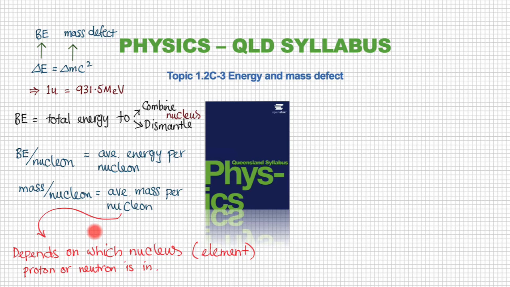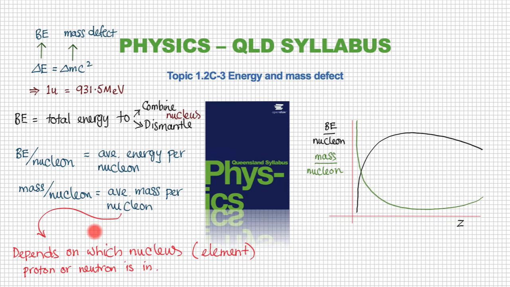Very important conclusion. Then we looked at the binding energy per nucleon graphs, and we said that there were two graphs. The first graph being the binding energy per nucleon graph that looked like this, and the second graph is the mass per nucleon that looked like the green curve there.